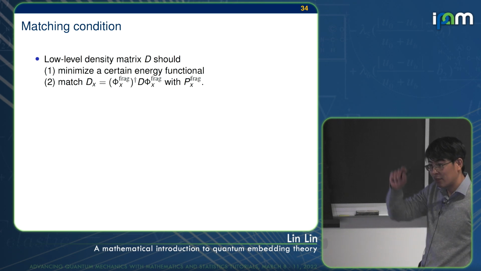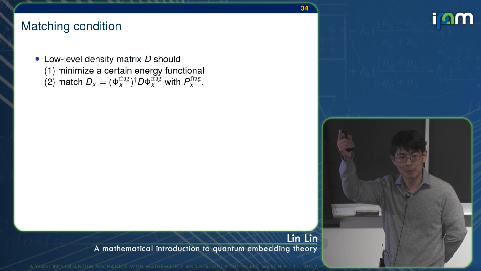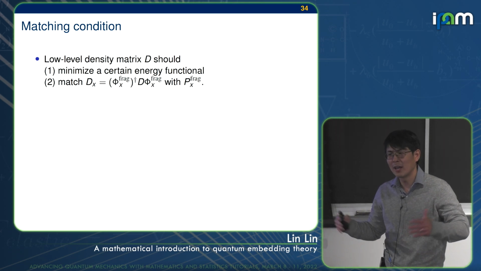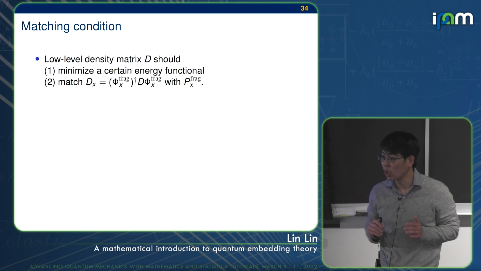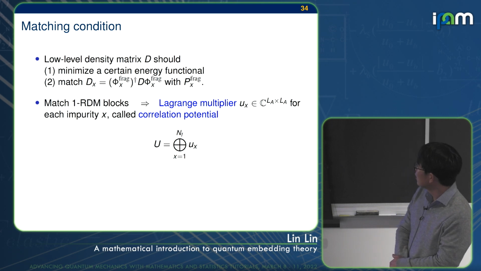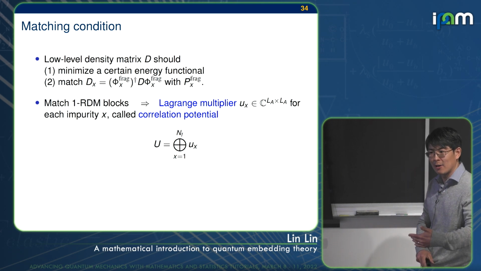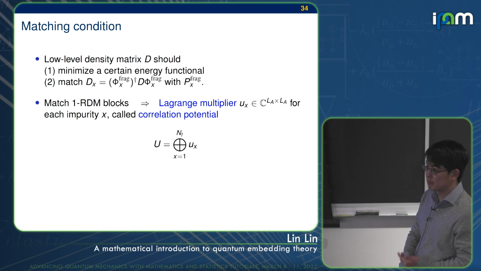Two is that the diagonal blocks better match the diagonal things I have obtained, tried very, very hard to obtain from the high-level calculation. Why do you match that? That's part of the recipe. Okay, let's say this is our goal. So this matching of 1 RDM blocks, as I said, whenever you say the word match, it means equality. When there's equality, there's a Lagrange multiplier. And that Lagrange multiplier is called the correlation potential.